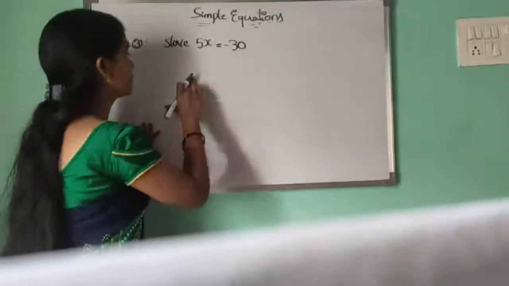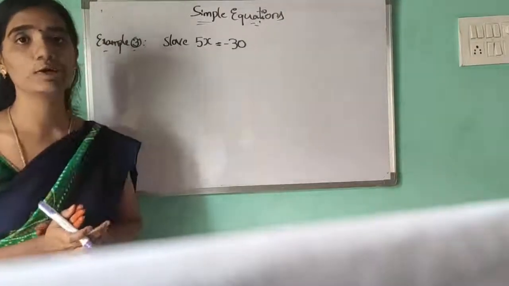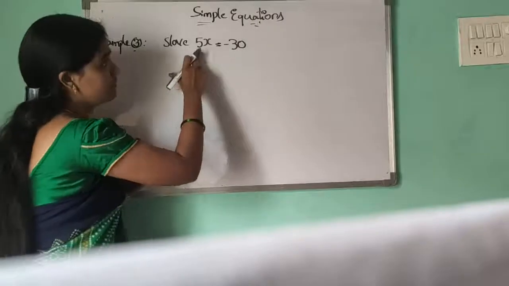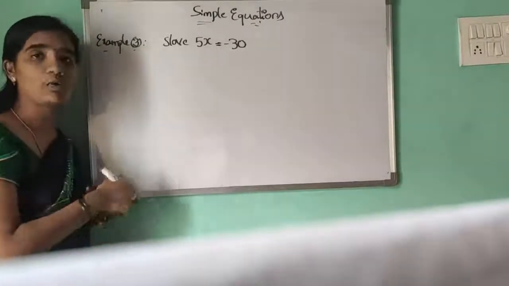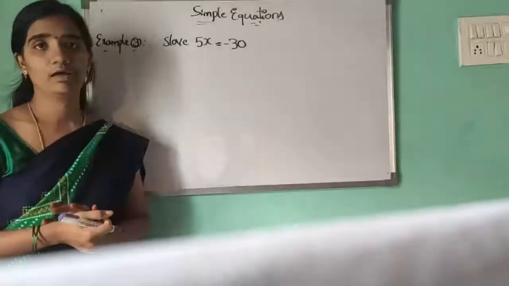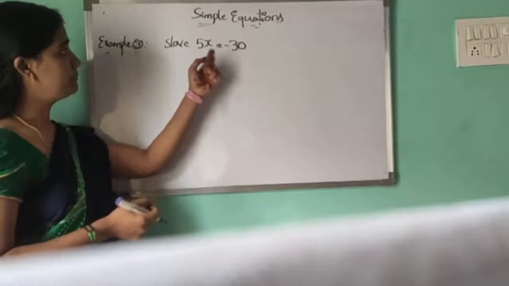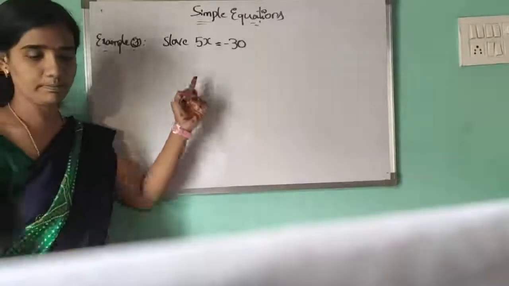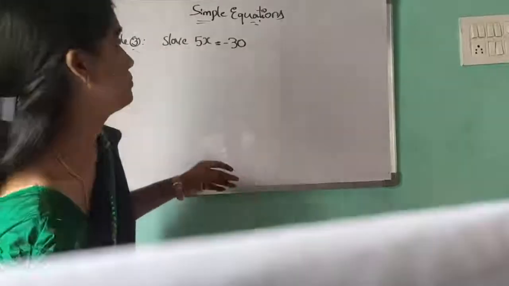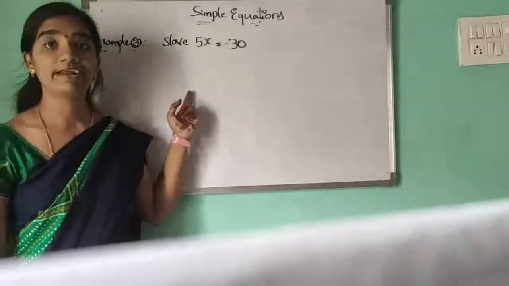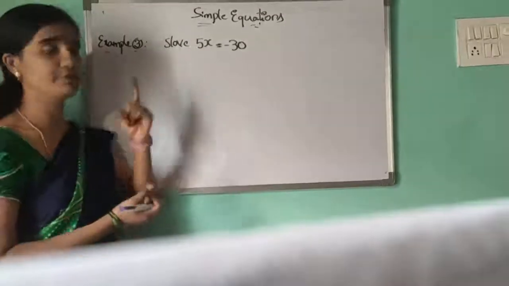So here we will get the value of x. The 5 has to be removed. How can we remove the 5? By dividing by 5 on both sides, so the 5 is removed.